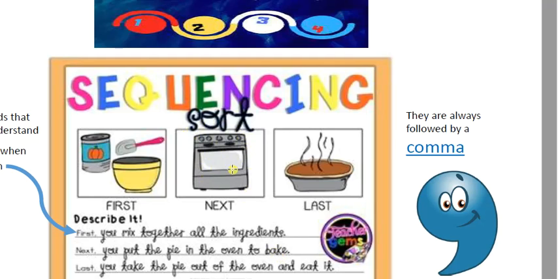This is the oven, okay? And last, you take the pie out of the oven and eat it, okay? So, sequencing words just help us to put the ideas in order. And remember, this is very important, they are always followed by a comma, okay? This is my big comma, okay? This is very important.